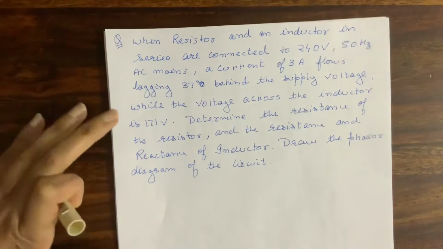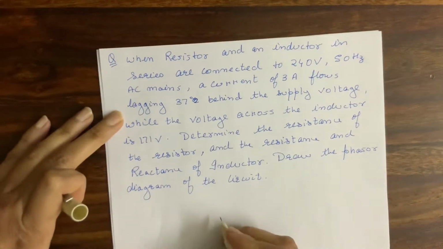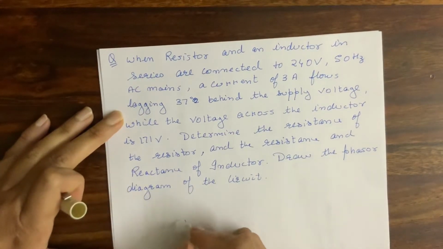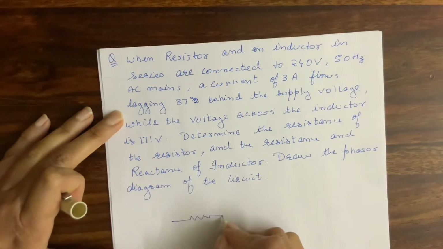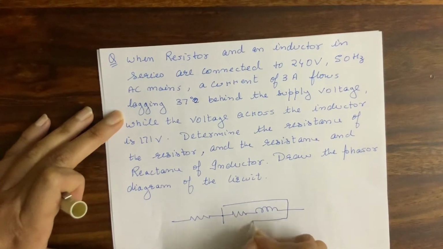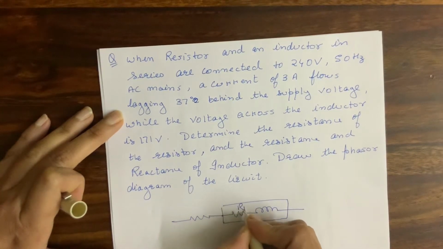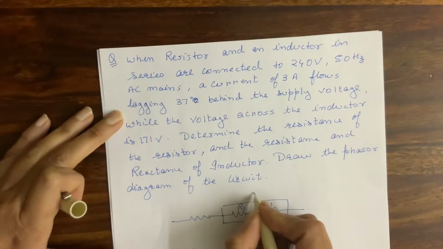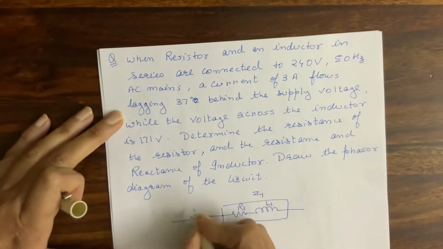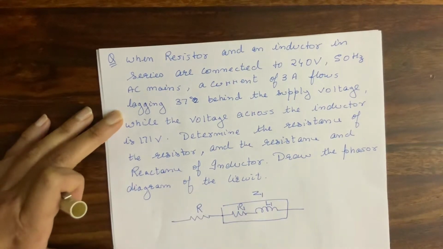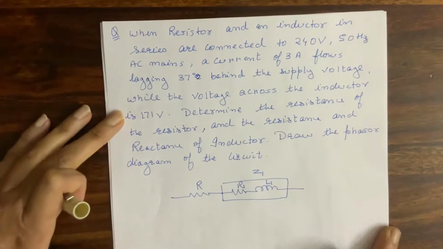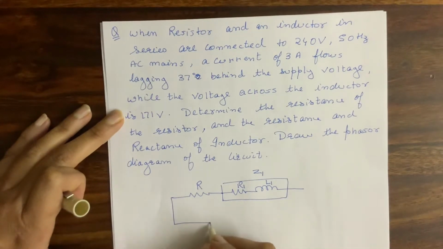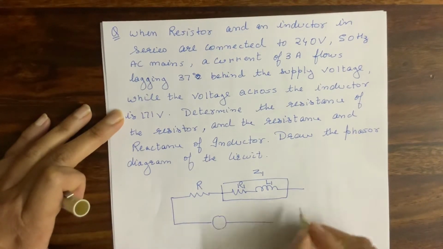So let's first draw the circuit of this particular question. As it is saying, there is one resistor and also a resistor-inductor combination. If I name them R1 and L1, R1 and L1 make impedance Z1, and this resistance R is connected in series with this combination, with a voltage source.